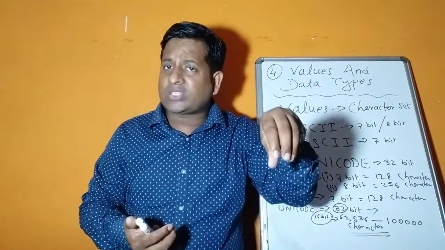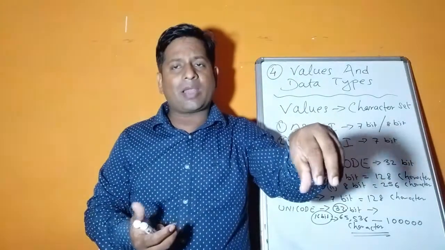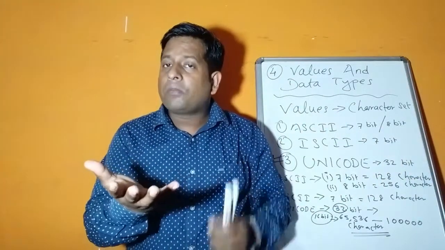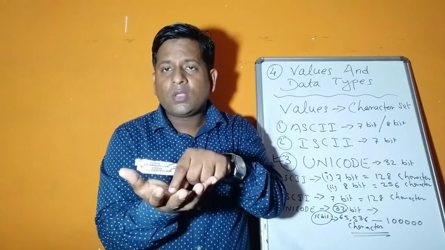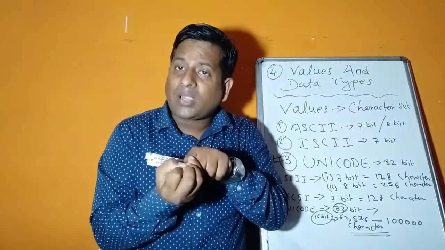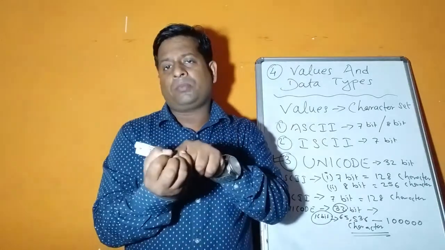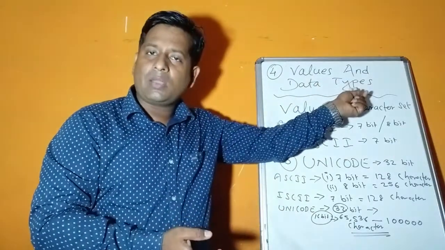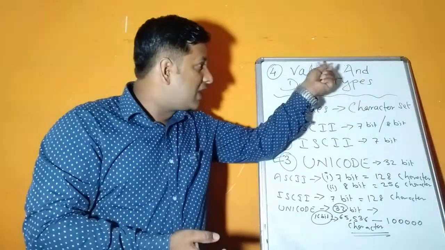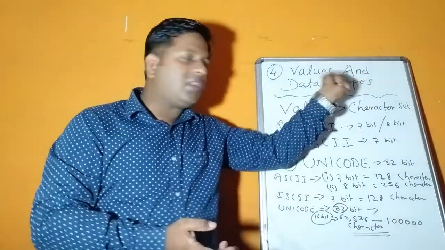Whenever a character or any symbol is used in a programming language, we need a container, because if a container is there, then only that particular thing will be stored. So the container, what kind of data it will store, that is decided by data types. That's why the chapter name is given as values and data types.